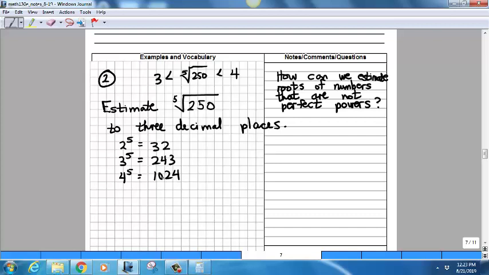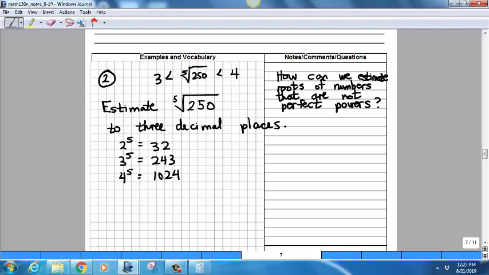A calculator, right? You're somehow going to have to resort to using your calculator. How else are you going to get an estimate for the fifth root of 250, especially to 3 decimal places? So you're going to have to rely on your calculator to get that estimate.